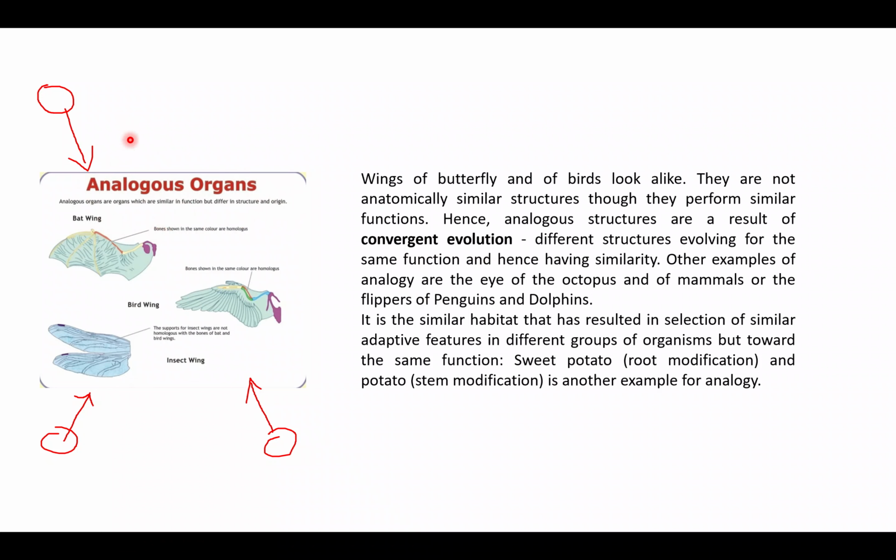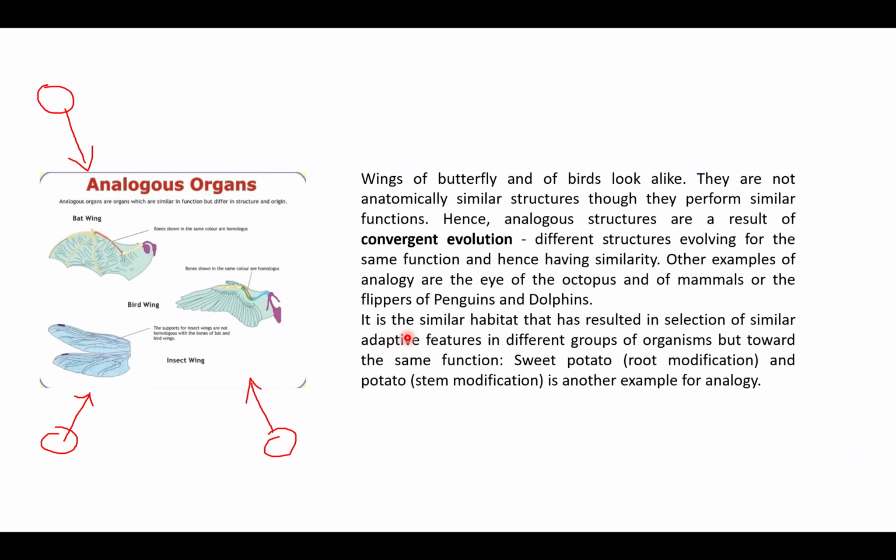In the previous one, it is originating from a single ancestor and radiating based on the need. That is why it is called divergent evolution. Here it is originating from different ancestors, but coming together or converging together to perform the same function. That is why it is called convergent evolution.